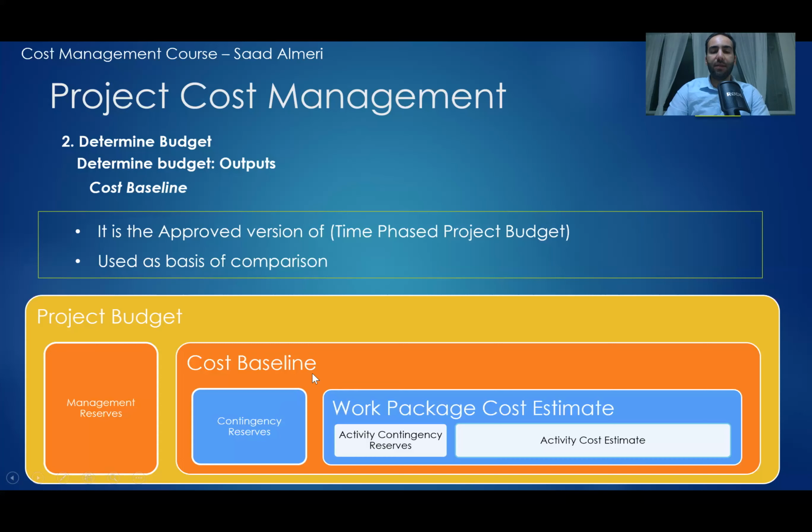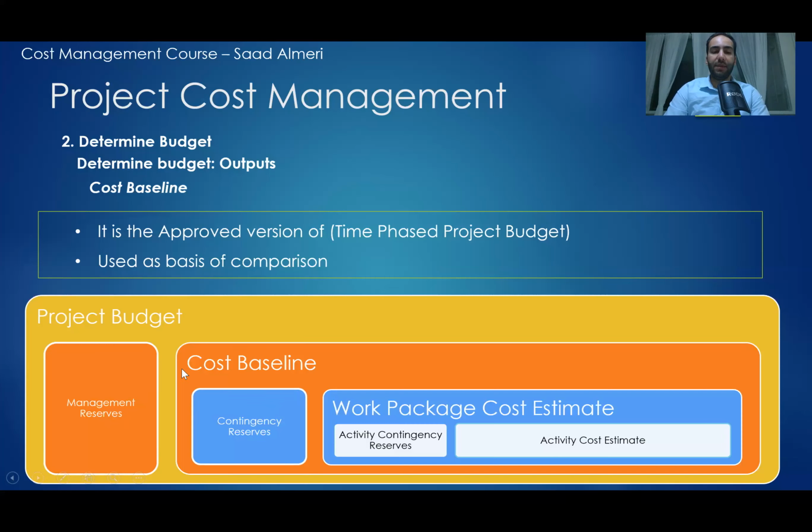So what is the cost baseline for us? In the day zero of the project, we have the cost baseline is same as the project budget because we didn't use any of the management reserves yet, so we don't have any amount of the management reserve that moved to here yet.